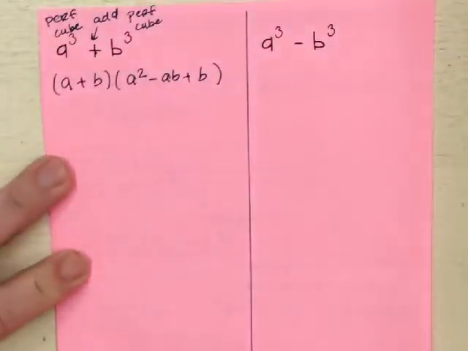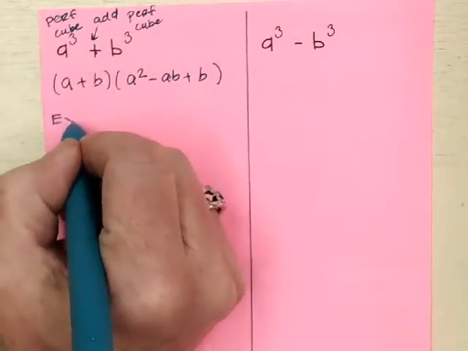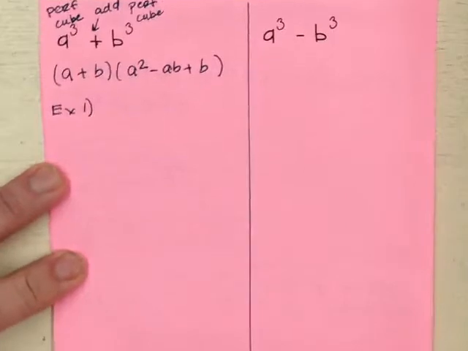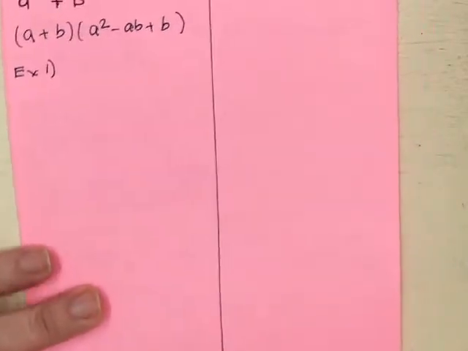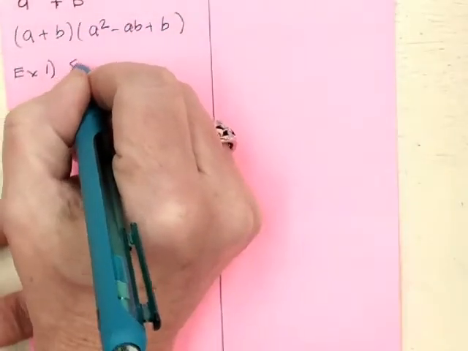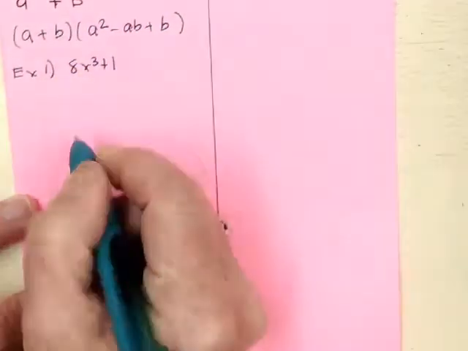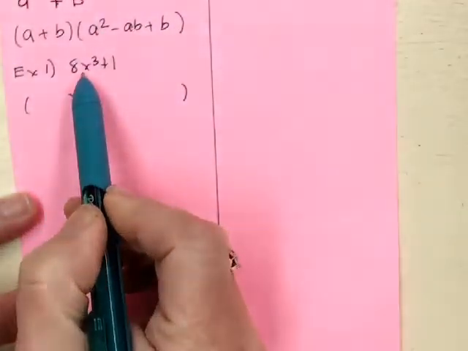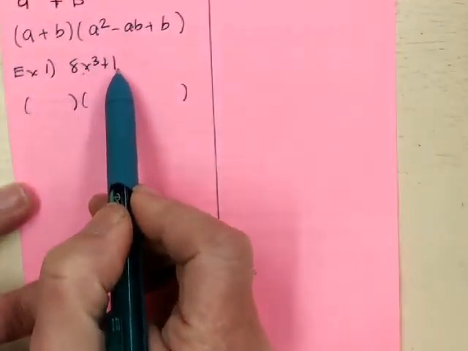So let's do a couple so you can see what I'm talking about, because these are not hard. I might even split this into 2 videos so you don't have to have a very long lesson on this. Sum of cubes. If I've got 8x cubed plus 1. Binomial times a trinomial. Perfect cube plus a perfect cube.